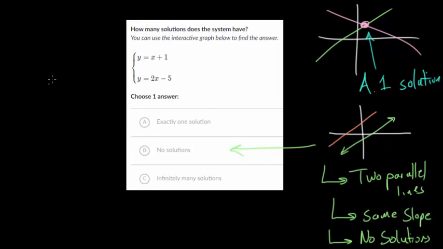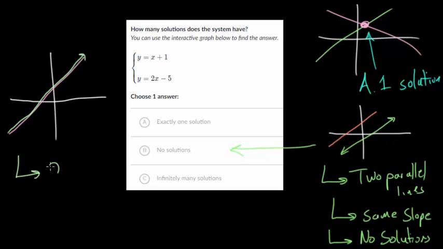Now, the final scenario, when you have an infinite amount of solutions, is essentially when you have one line, and then you have another line that is directly on top of it. So this is kind of hard to draw, but we can just say two lines on top of each other.